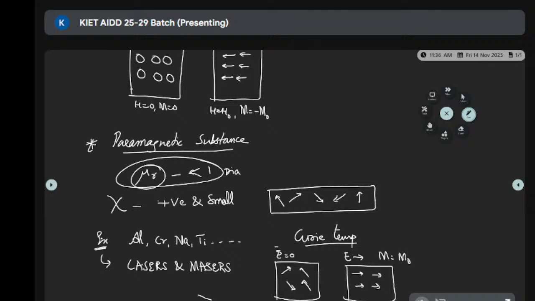Relative permeability of a diamagnetic substance is less than 1. Paramagnetic substance, greater than 1. One more difference is relative permeability. Diamagnetic substance is less than 1. Paramagnetic substance greater than 1.